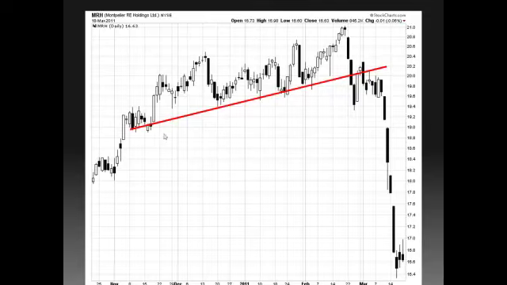You can see we have a trend line, and we came down, we failed it, and you can see this bearish engulfing pattern here, and again it was the same point where we met dynamic resistance, and you can see the stock has dropped drastically in price.